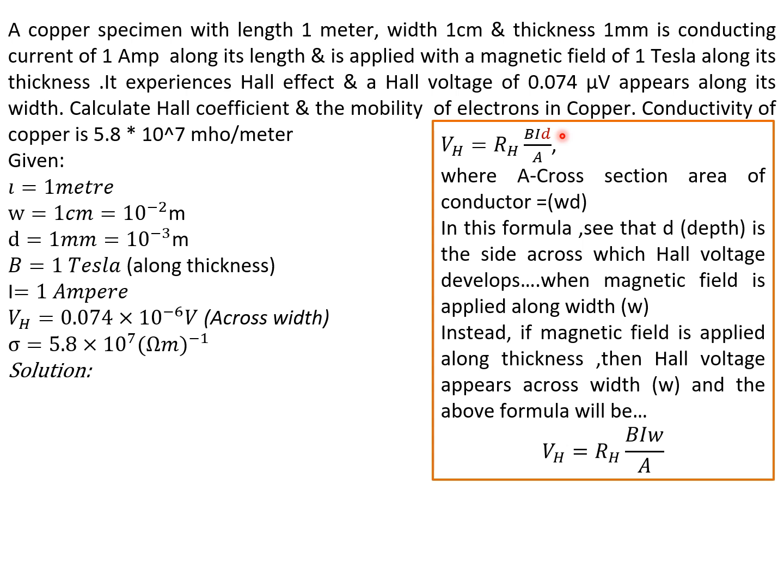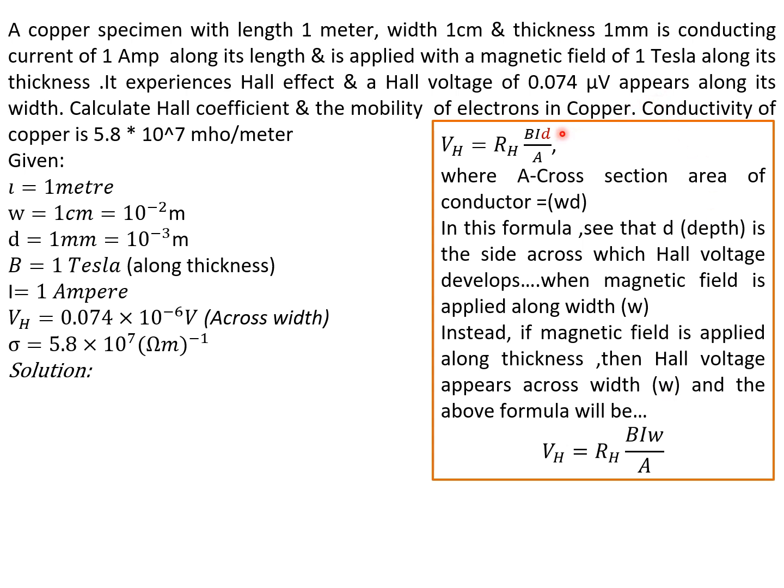So in this case, we will use the formula VH is equal to RH BID upon A because Hall voltage appears across the thickness. But if the magnetic field is applied along the thickness, as it is happening in this numerical, then Hall voltage will appear across the width.